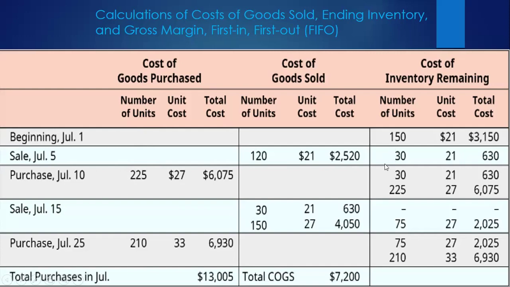You have the previous balance of 30 remaining from the 150 at 21, and the new 225 at the rate of 27 gives you the cost of $6,075.